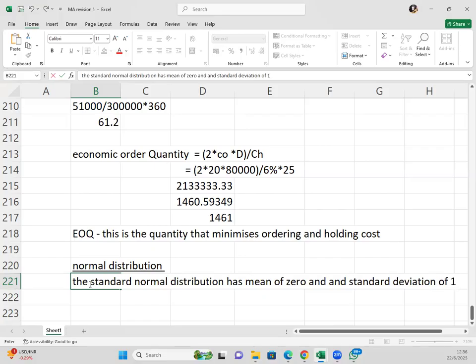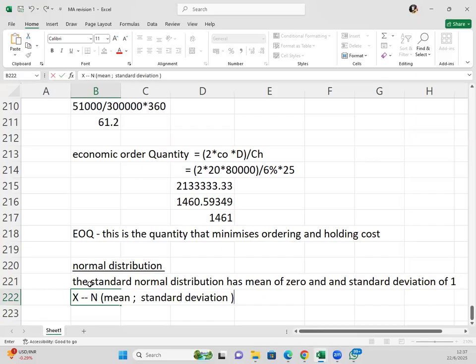It has a mean of 0 and a standard deviation of 1. So for the normal distribution, we say X, if that's the data we are modeling, is normally distributed with a mean and standard deviation.